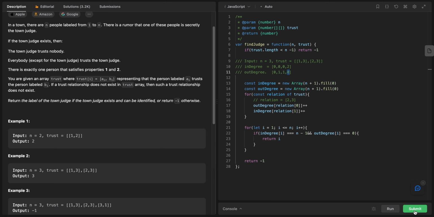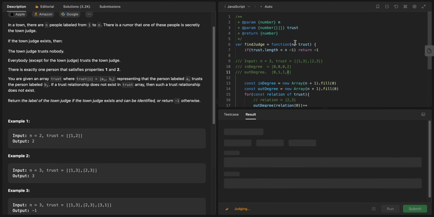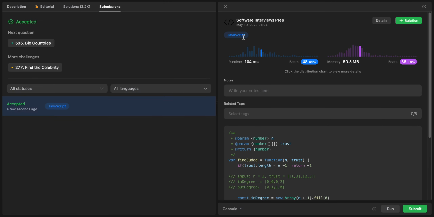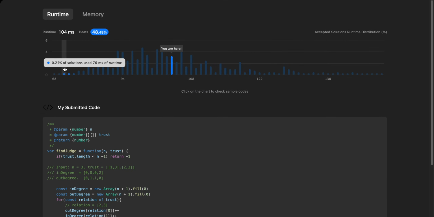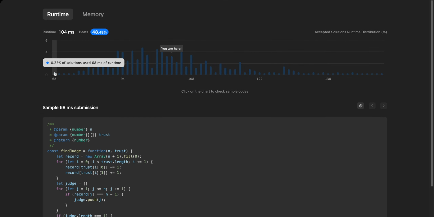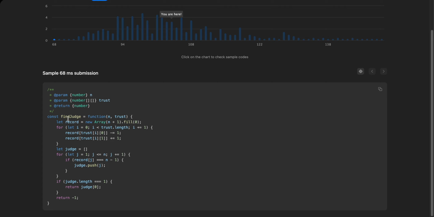So let's just test. Okay, it's working. Let's just see how the people that did it better than us did it. They have an array, only one array, and they fill it with 0, and they have a trust record, trust of I. It's a two-dimensional array, I guess.